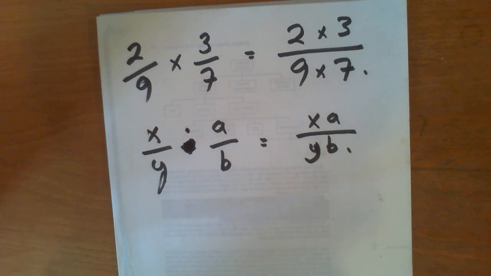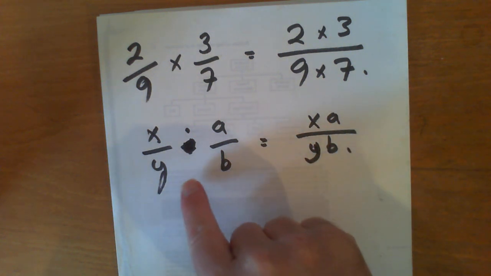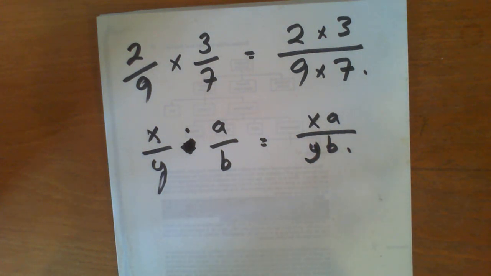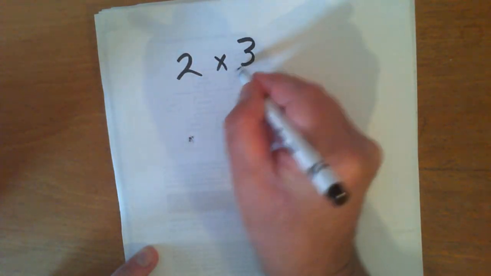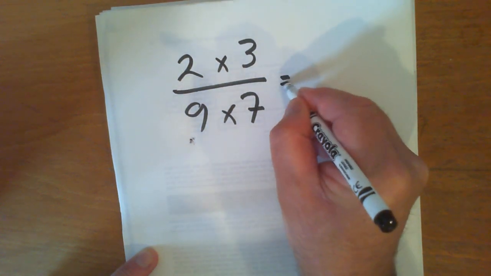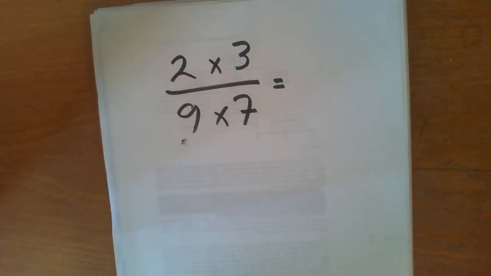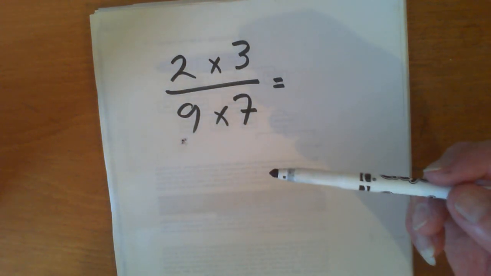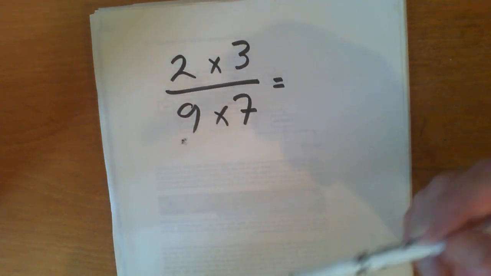So that's just something to learn, this rule, in passing. Just as I go from there to there, I can also go from there to there as appropriate. Now, if I had something like this, 2 times 3 over 9 times 7, because I'm now considering that to be one term, what I'm saying now is fairly straightforward, but it might need a bit of thought on your part.